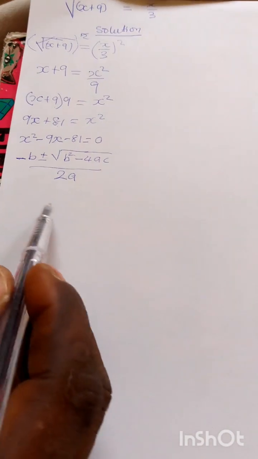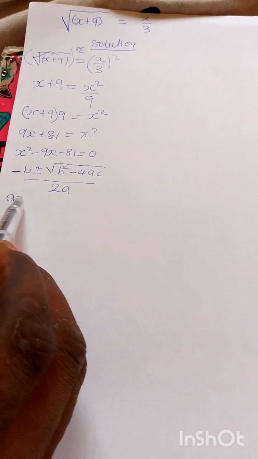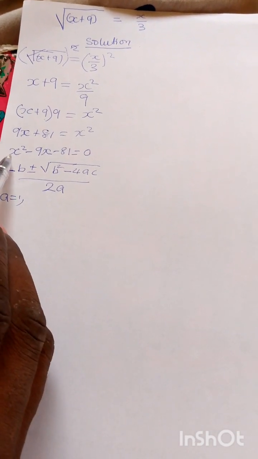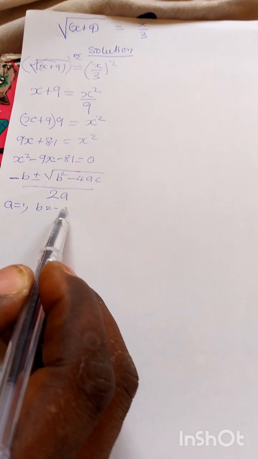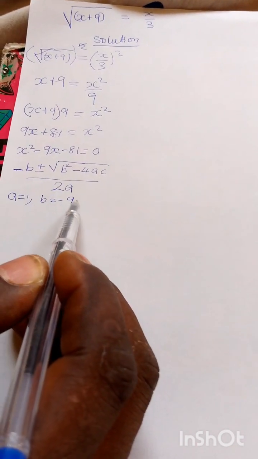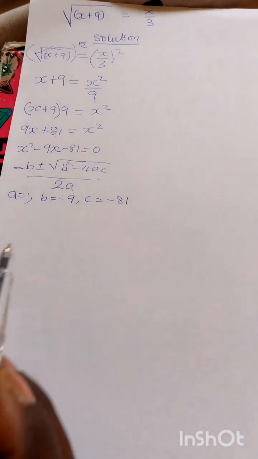Remember that this will be our a. Let's say our a is equal to 1. That is the coefficient of x squared. Our b will be the coefficient of x, which is minus 9, and then our c is also minus 81.